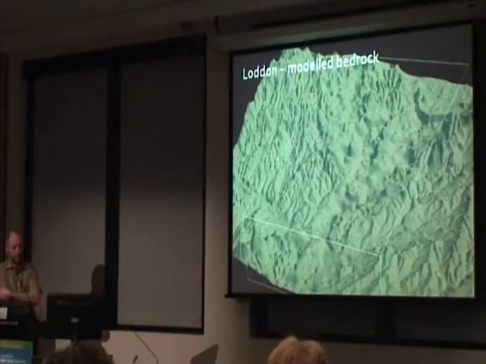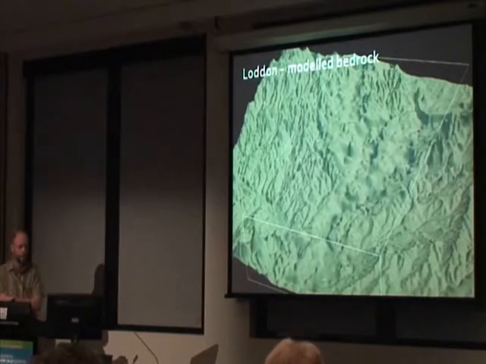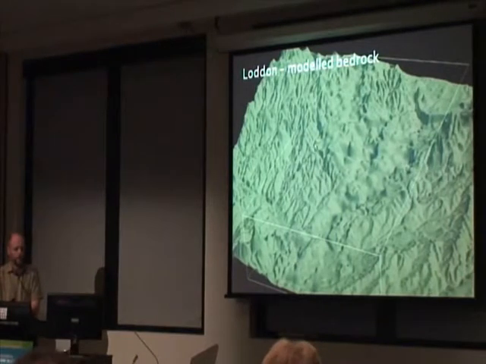This is another view of the Loddon catchment. This one's from the northwest, looking back towards Melbourne. It's the modelled paleo topography of that area, the upper part of the catchment. We can pick up drainage lines coming through in different places.